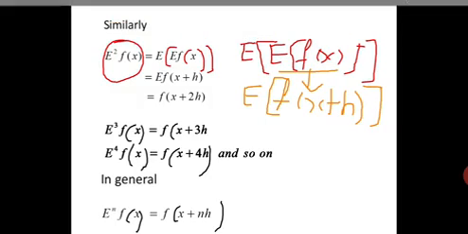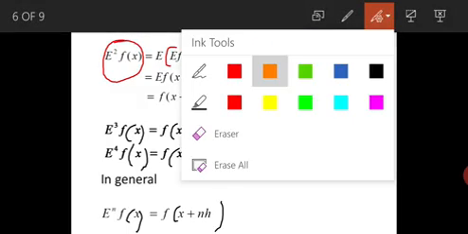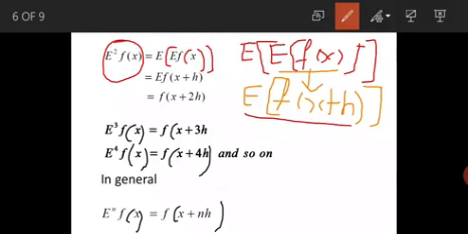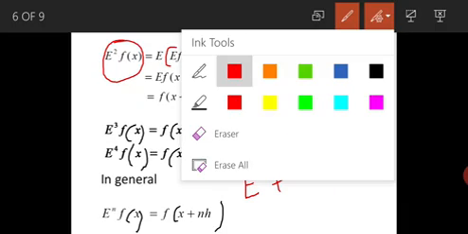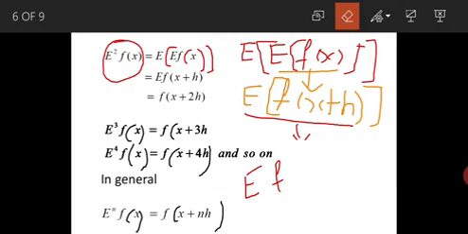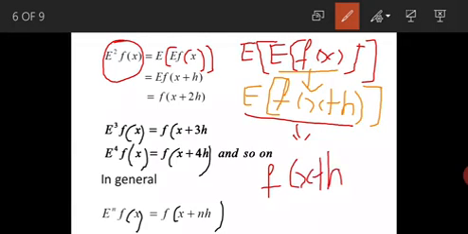If you apply the definition again, it can be written as f of x plus h, that function as it is, plus the forward point h.